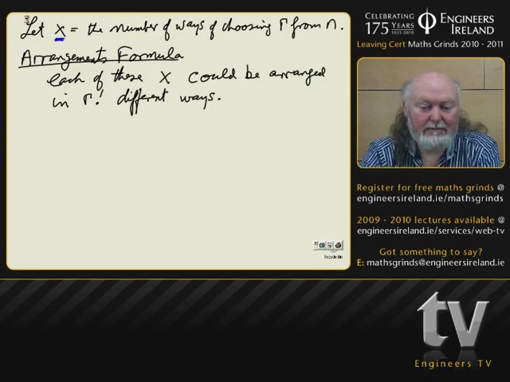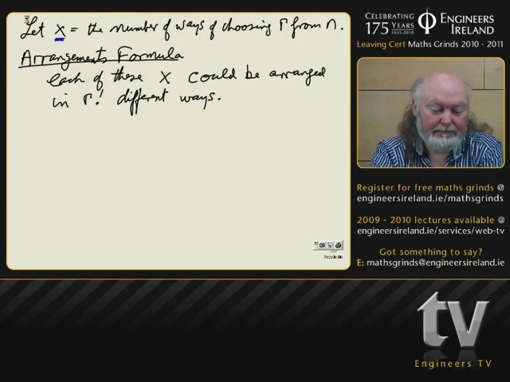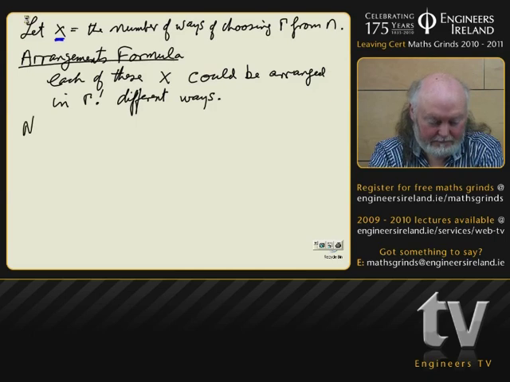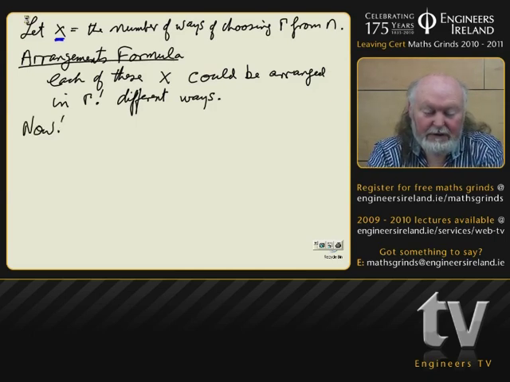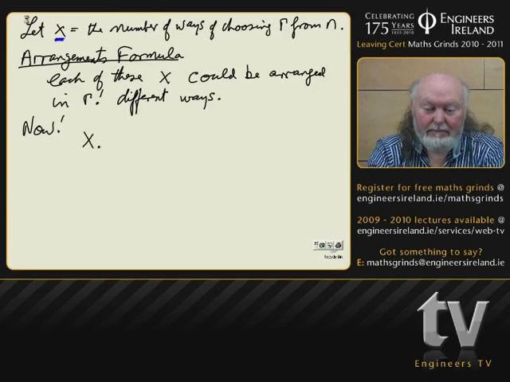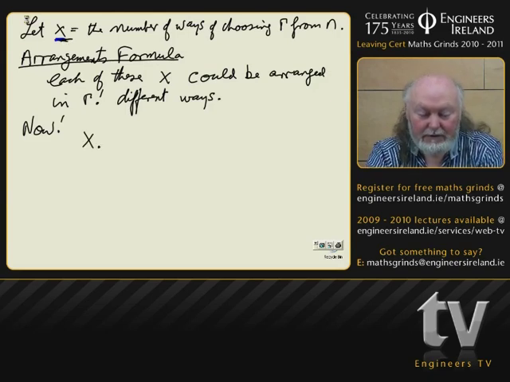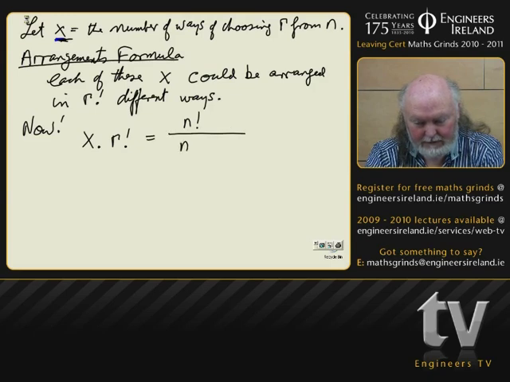That's all he's saying here. So now, we're saying x, which is the number we have up here, by R factorial. He's saying is n factorial all over n minus R factorial.